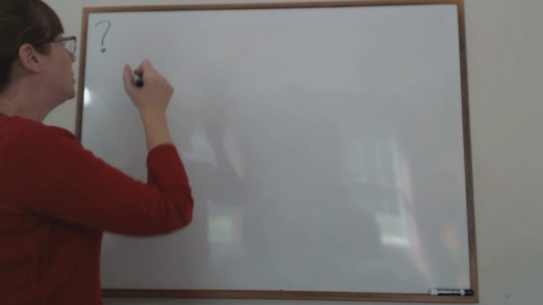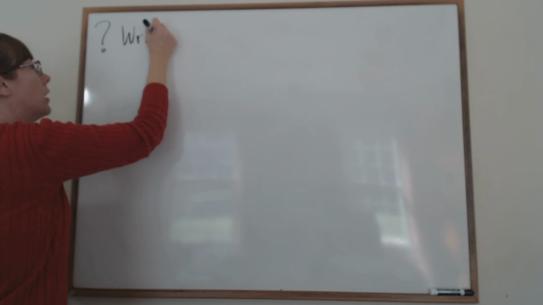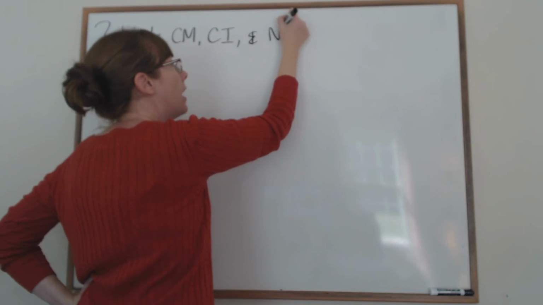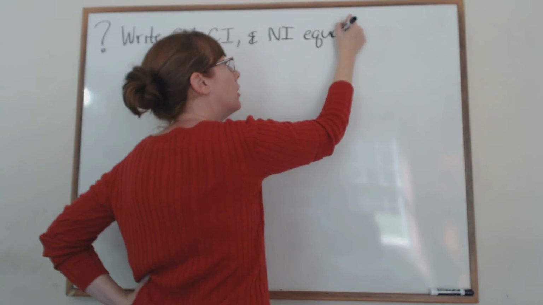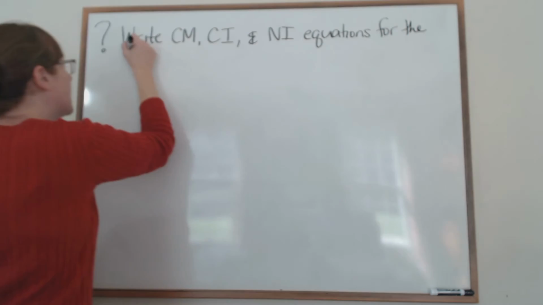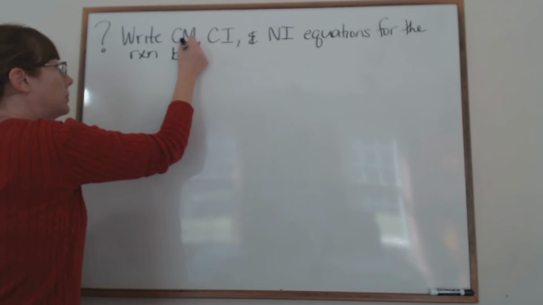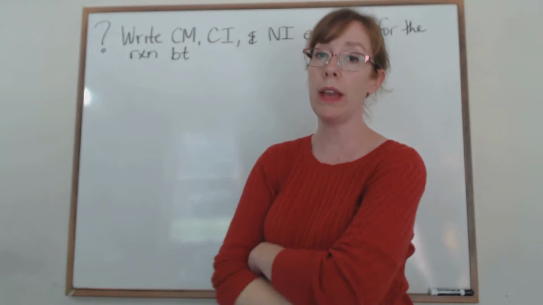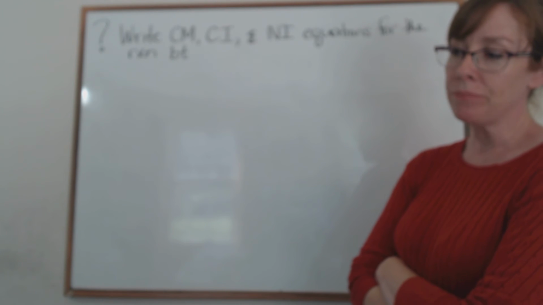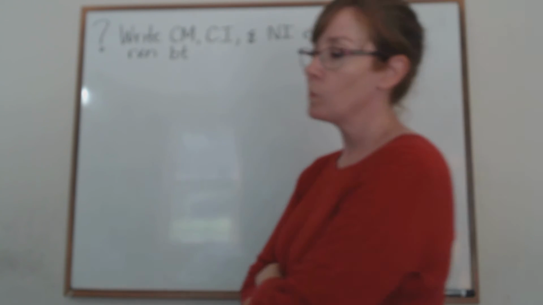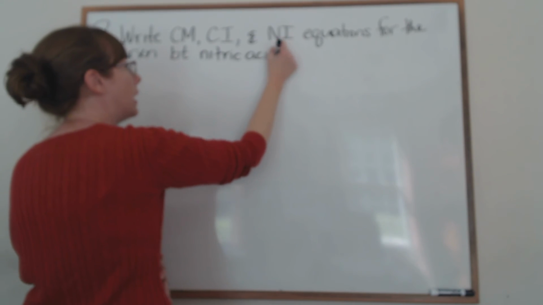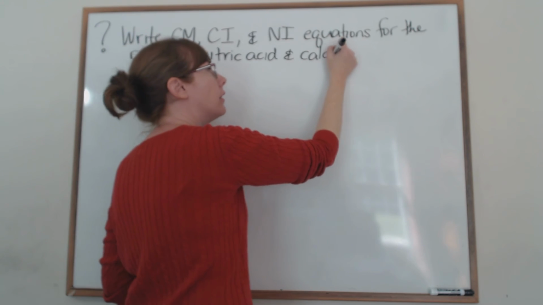The question is, write complete molecular, complete ionic, and net ionic equations for the reaction between, let's pick an acid and a base, the two chemical species. How about the reaction between nitric acid and calcium hydroxide?